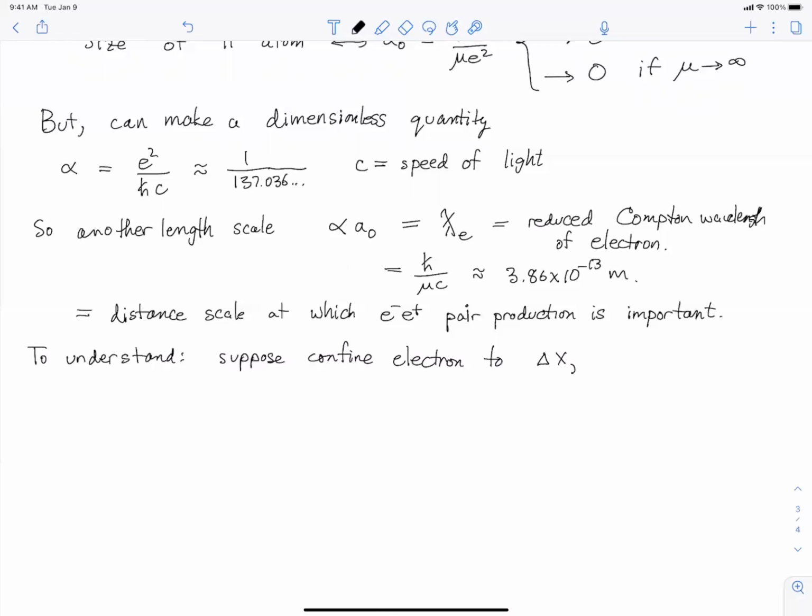Okay, so the uncertainty principle tells us that delta p should be h bar over delta x, very roughly. We're not going to worry about factors of 2 today in this analysis. And if delta p goes like that, then delta E for a relativistic particle is the speed of light times the momentum. So this should be true for a relativistic particle.